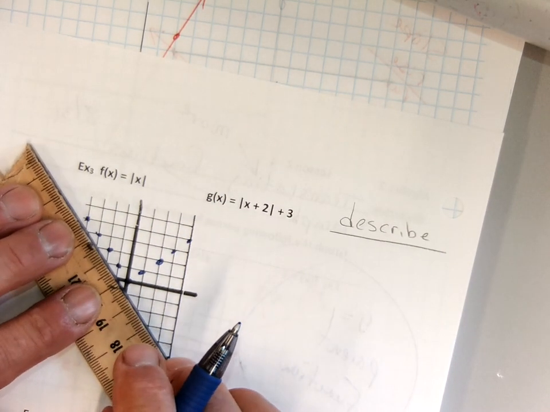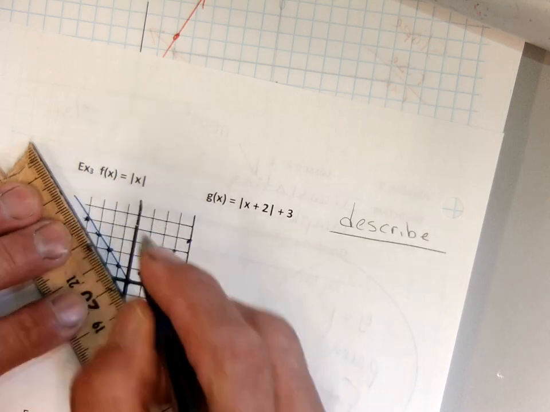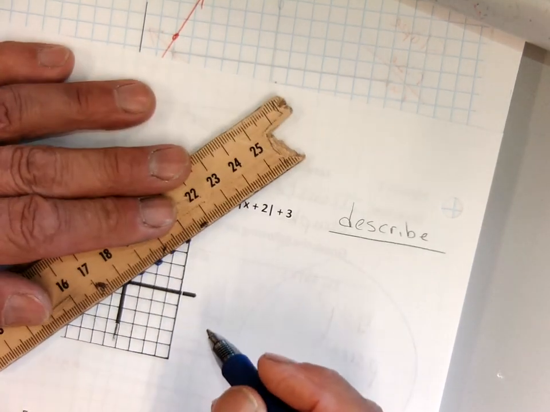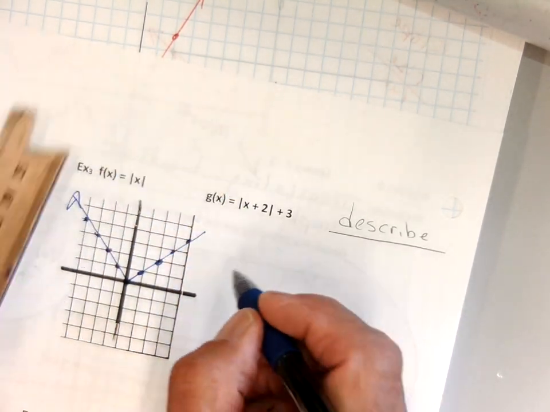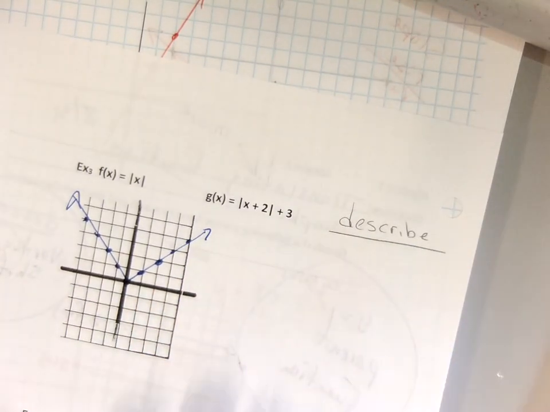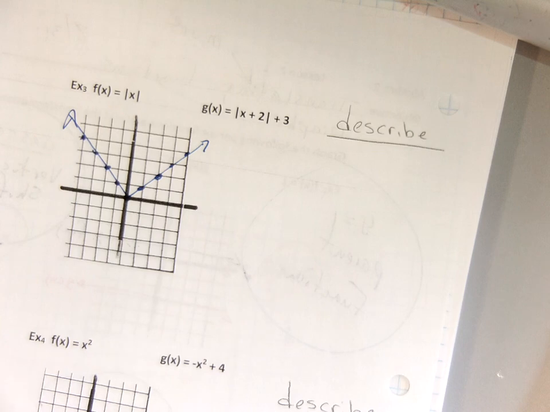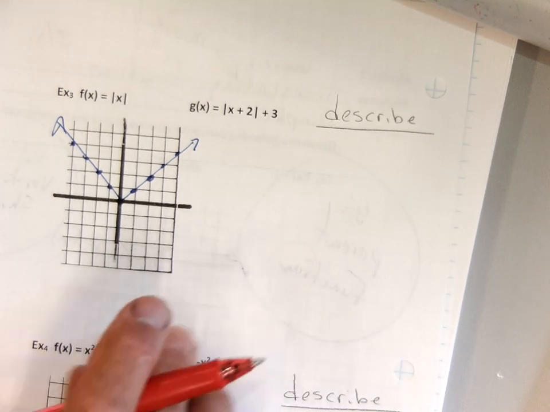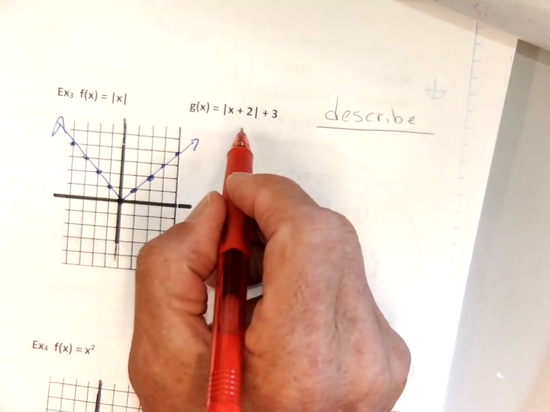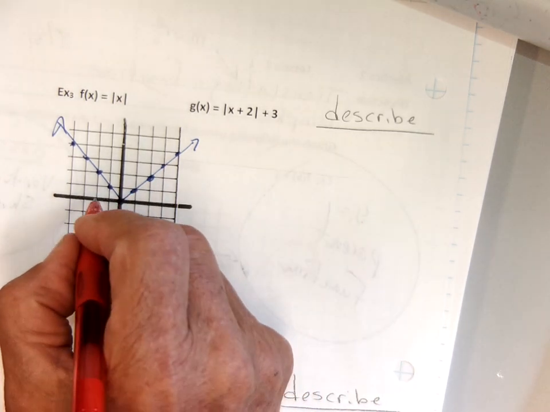And so my basic parent function is this absolute value graph. Okay? That's f of x. Now, g of x looks like this.